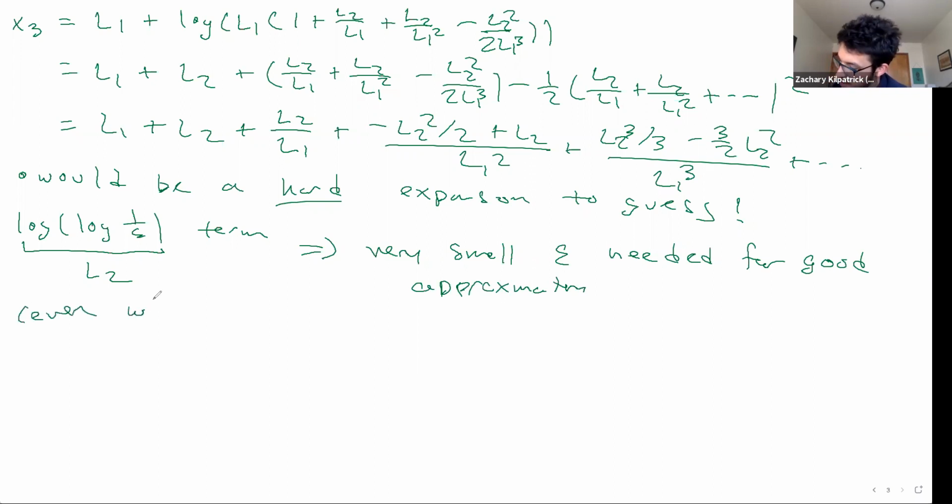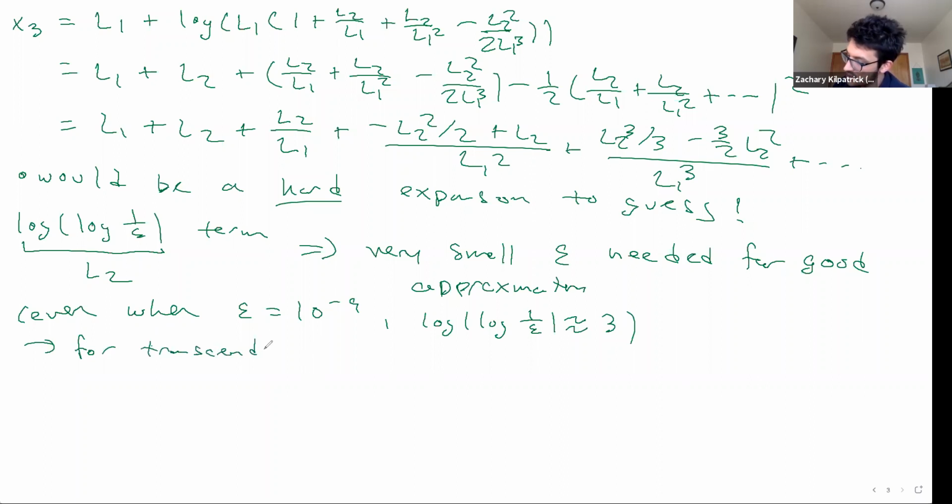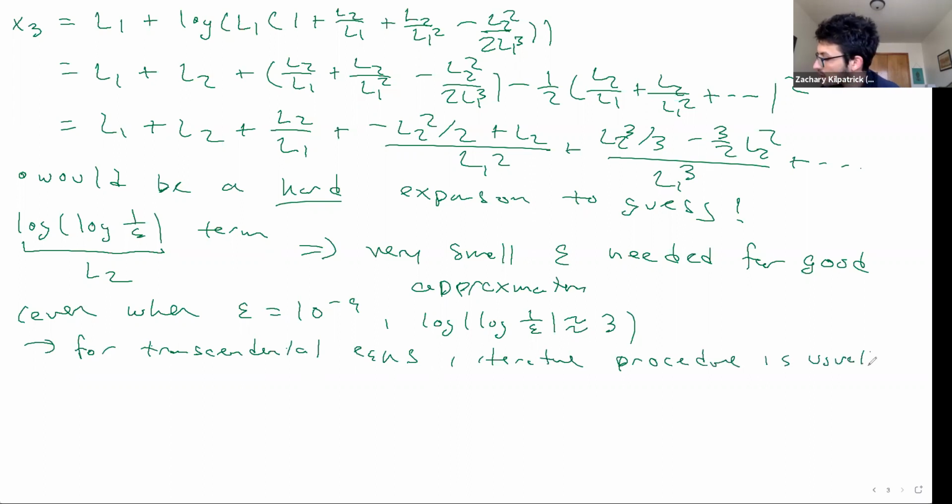I mean, like, even when epsilon equals 10 to the minus 9, right? Log of 1 over epsilon is roughly like 3 in that case, okay? So in general, for transcendental equations, the iterative procedure is usually going to be the best, okay?